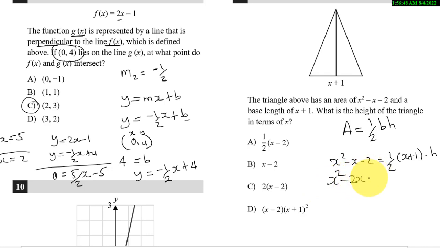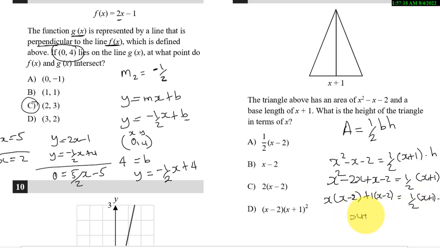So x minus 2 times x plus 1 is equal to a half into x plus 1 times h. When you factorize, it leaves us with x plus 1 into x minus 2 is equal to a half into x plus 1 times h.